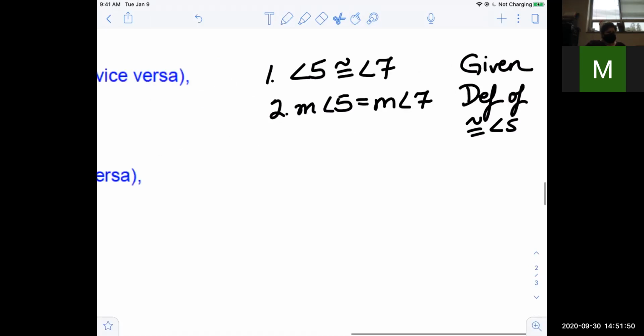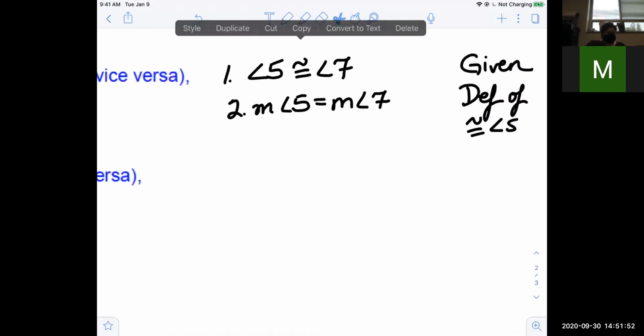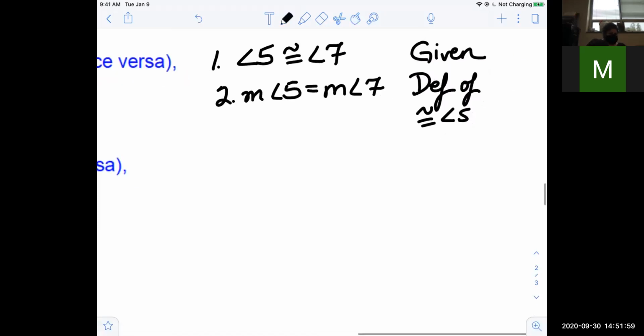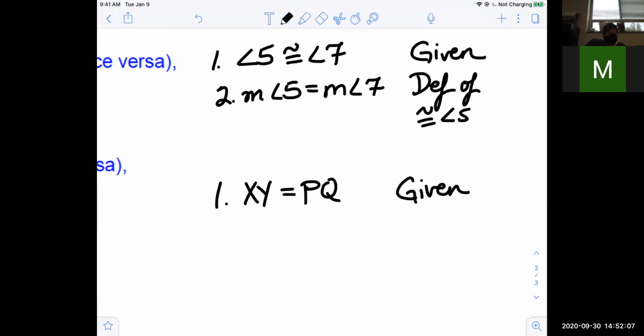Now, it might go from congruence to equality, or it might be from equality to congruence. Same thing with segments. Let's say step 1 said XY is equal to PQ, and that was given or whatever, it doesn't really matter. But if step 2's reason is definition of congruent segments, what would step 2 say?